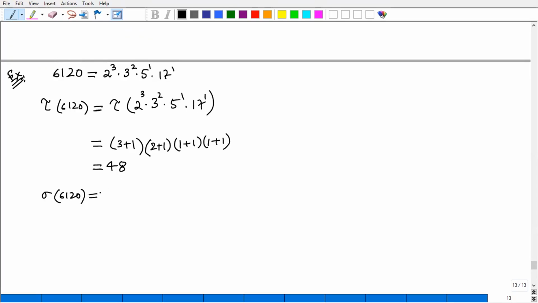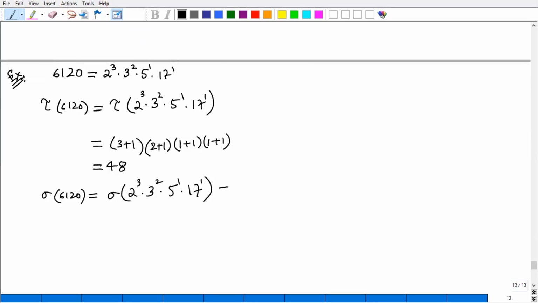And now sigma on 6120, we need some calculation here. Sigma on 2 to the power 3 times 3 to the power 2 times 5 to the power 1 times 17 to the power 1. So this is p1, e1, p2, e2, p3, e3, and p4, e4.